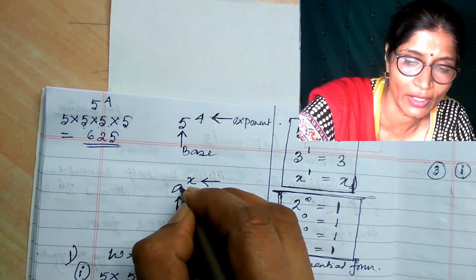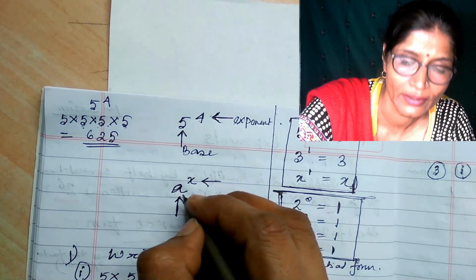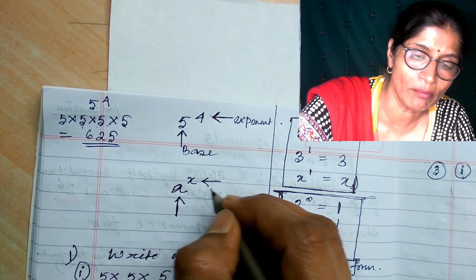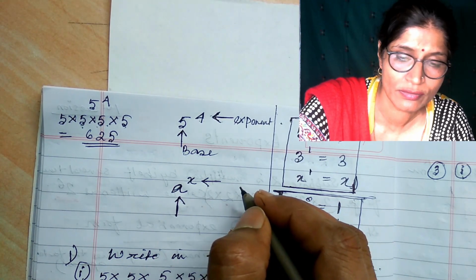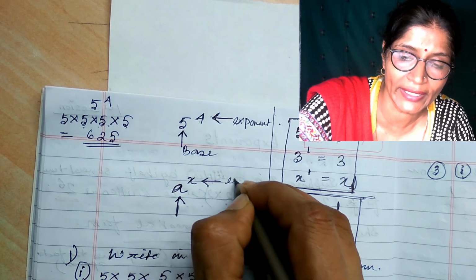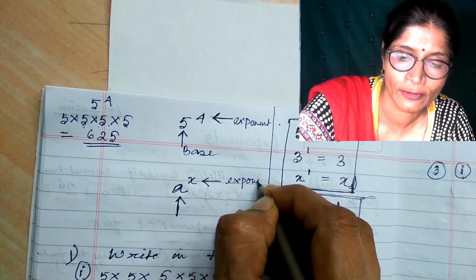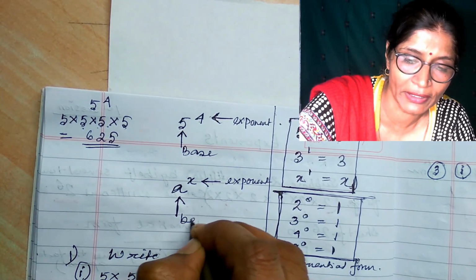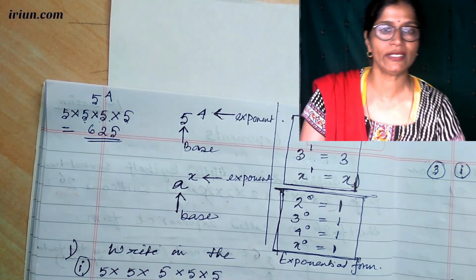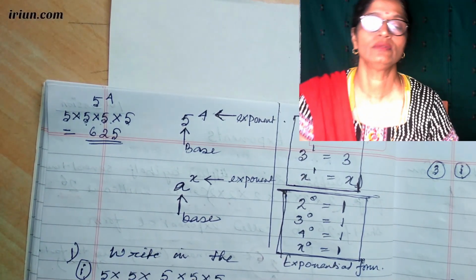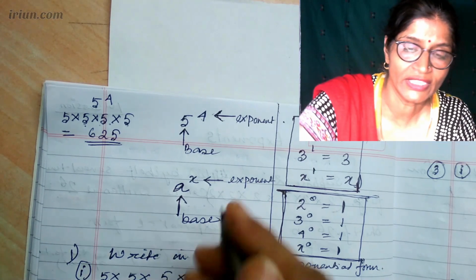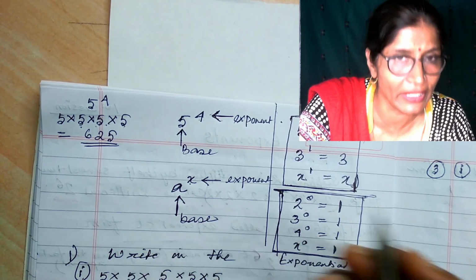In the same way, a to the power x, when I write, it means a multiplied x times. So x is the exponent and a is the base. And a multiplied x times means a into a into a and so on. If x is 5, then a is multiplied 5 times.